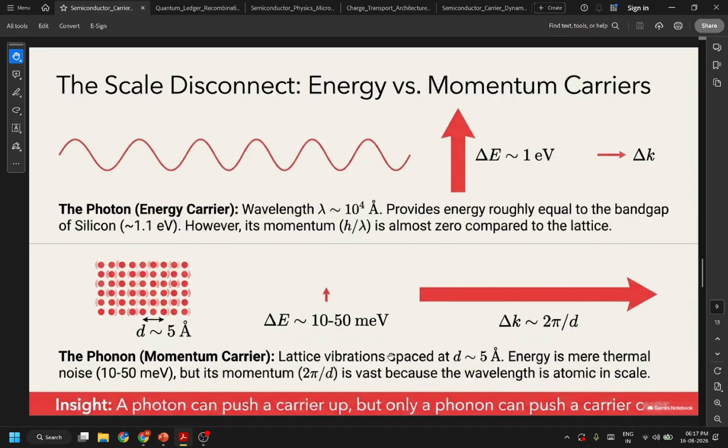Since the wavelength is very small, it has a large momentum, but energy is very minimal. So photons have negligible momentum but high energy. Phonons have negligible energy but high momentum.